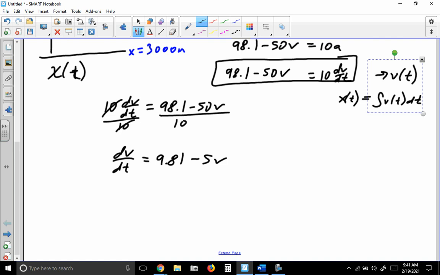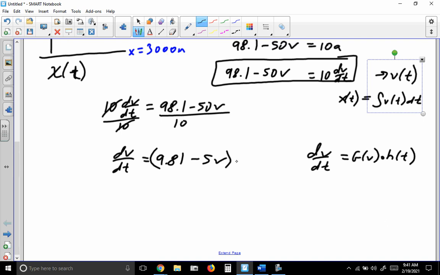And this is separable. This whole right side is a function of just one variable. It's not one factor that has v and t both in them. So remember, if we can isolate dv/dt or dy/dx or whatever on one side, and we can write the other side as a function of one variable times a function of the other variable, then it's separable.